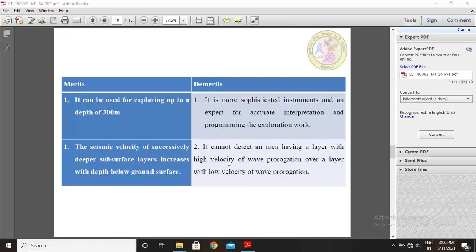Demerits: it needs more sophisticated instruments and an expert for accurate interpretation and programming the exploration work. It cannot detect an area having a layer with high velocity of wave propagation over a layer with low velocity of wave propagation. So these are the demerits of the seismic refraction method.